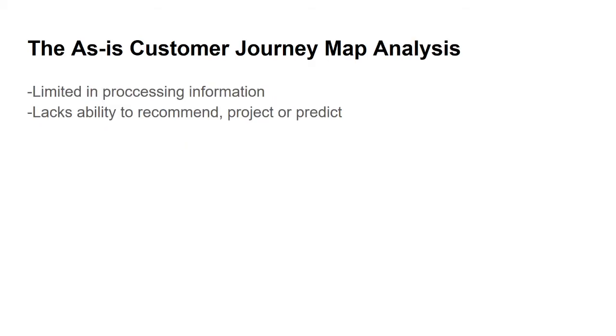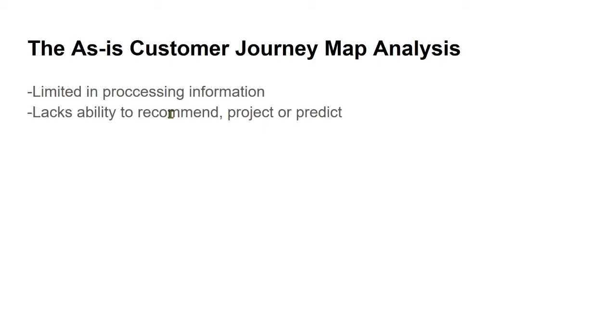Next is the as-is customer journey map analysis. The major downside of the as-is customer journey map is that it is limited in terms of processing certain information about the customer journey map's details because it only relies on the present state or condition and existing facts that are currently happening in the situation with the customer or business partner.